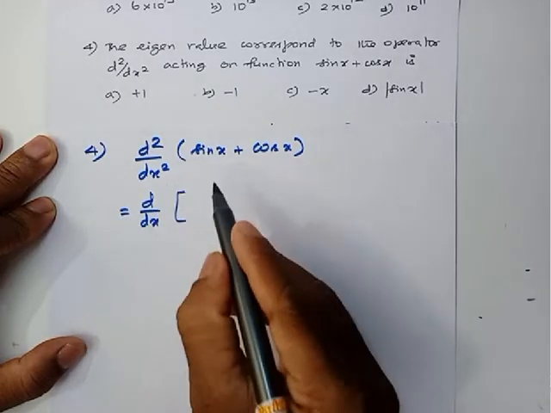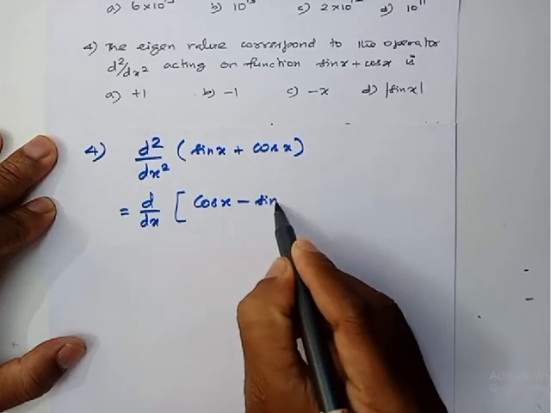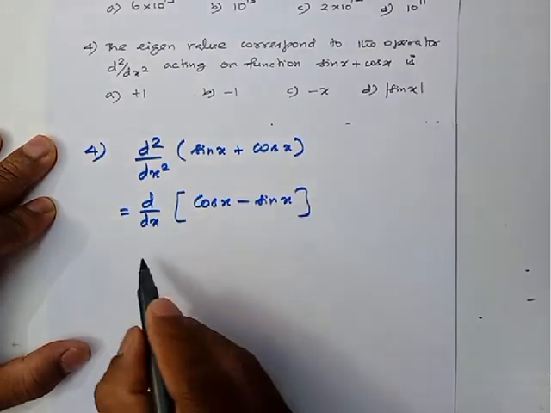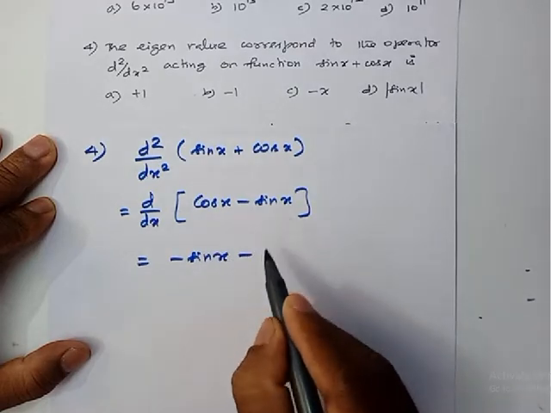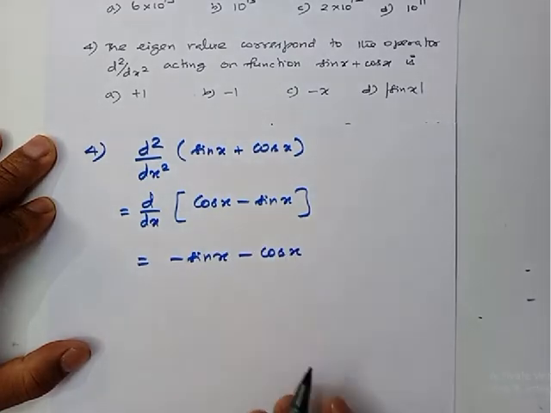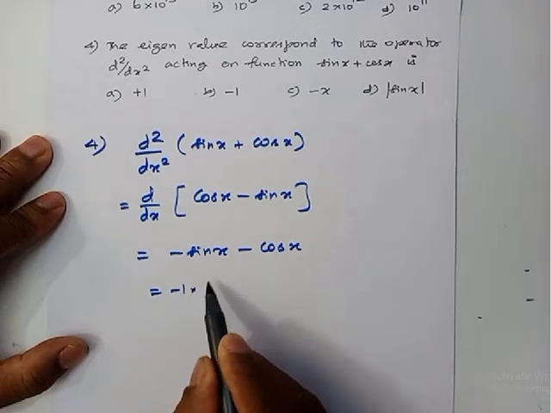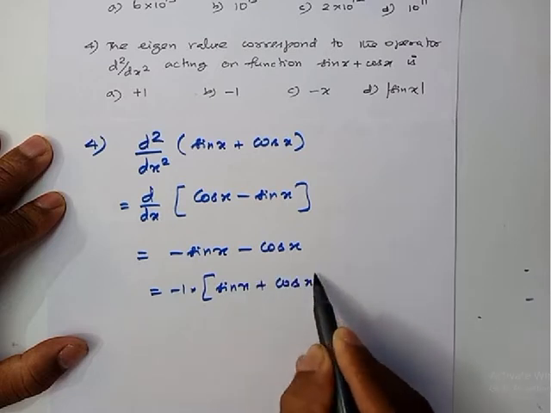Sin x on differentiation gives cos x, and cos x gives minus sin x. Now I'll differentiate a second time. Cos x gives minus sin x, and sin x gives cos x. I can take minus 1 as common, so I get minus (sin x plus cos x).